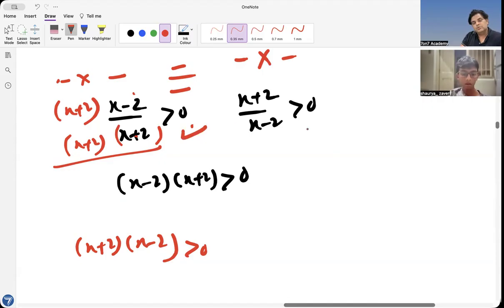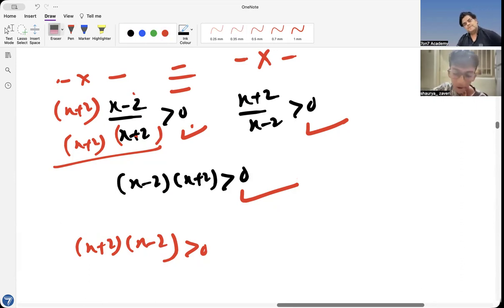Okay, so that's what I'm saying. These three questions, one question, two question, three question, all three questions are the same. So, can't we just do this orally? So x minus 2 upon x plus 2 is bigger than 0. So basically we'll say that x is either smaller than -2 or bigger than +2.